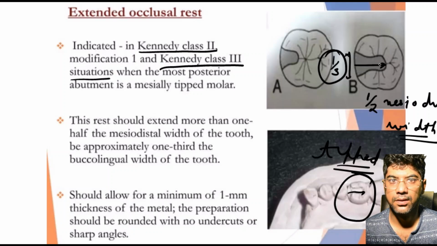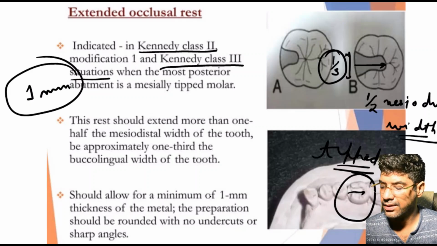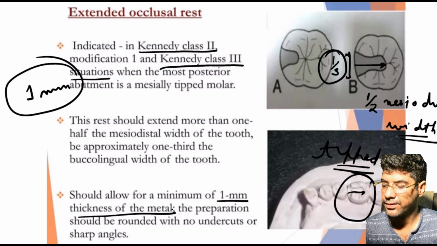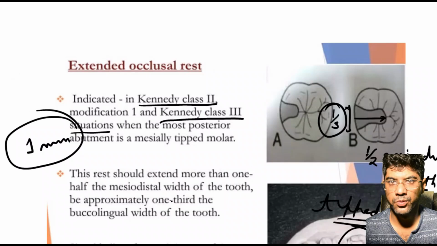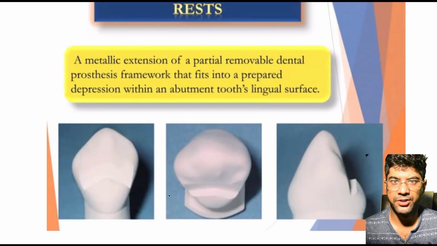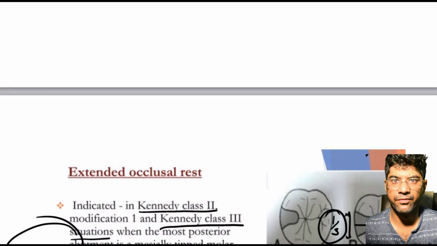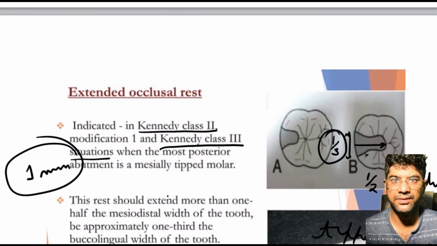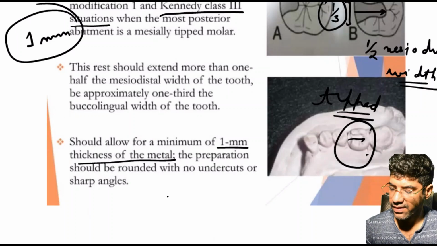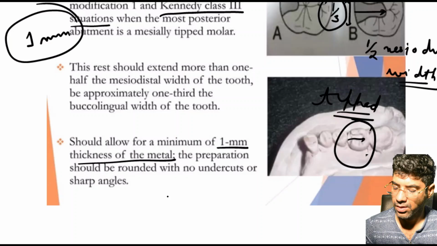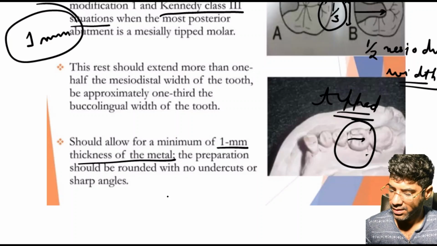The buccolingual width should be approximately 1/3 of the buccolingual width of the tooth, so that it ensures the rest is wide enough to distribute forces effectively without compromising the structural integrity. Ensure a minimum thickness of 1 mm of the metal.